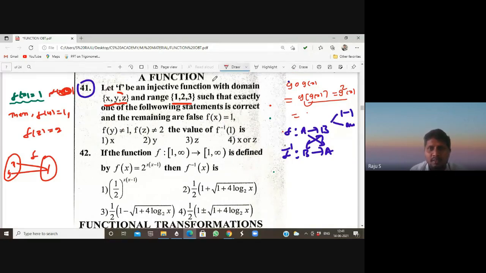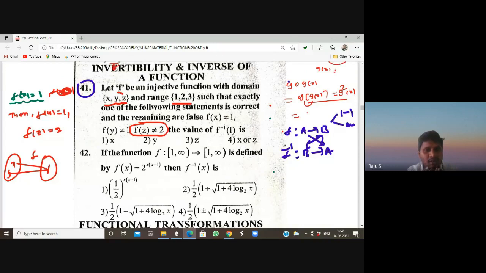If I take the third case, f of z not equal to 2 means f of z is either 1 or 2. And clearly f of y not equal to 1 is given. And when I take the third case, f of y I want to take the opposite, like not equal to 1 is given, I want to take as equal to 1. And f of x is clearly equal to 1, f of x should be not equal to 1.